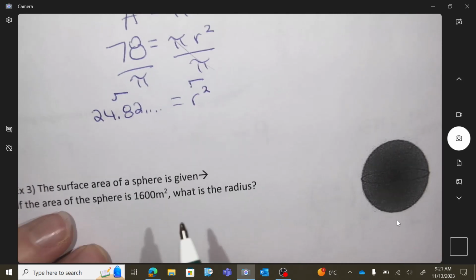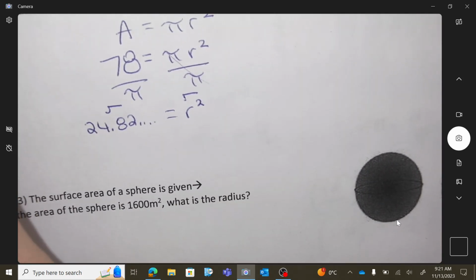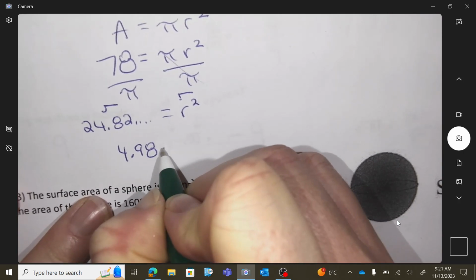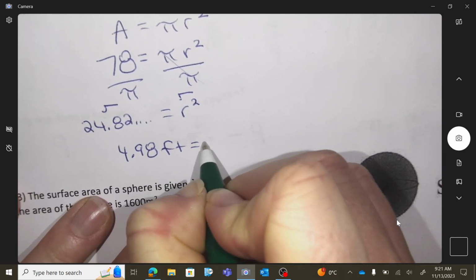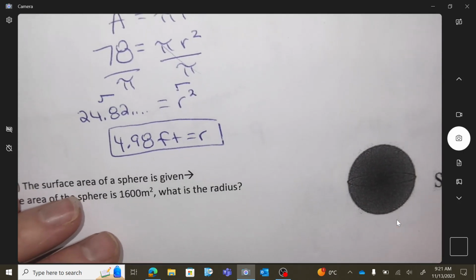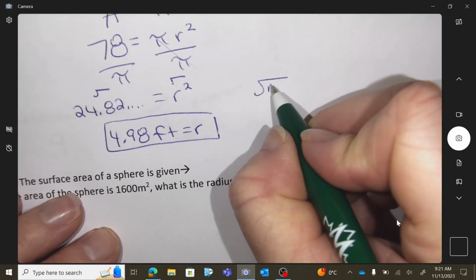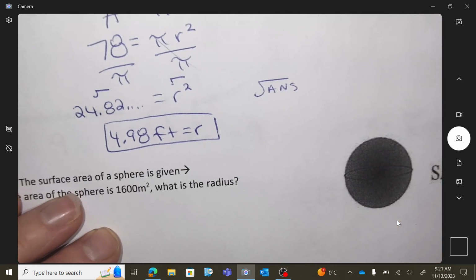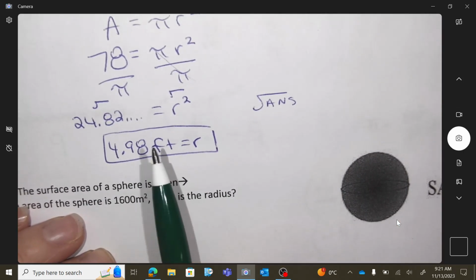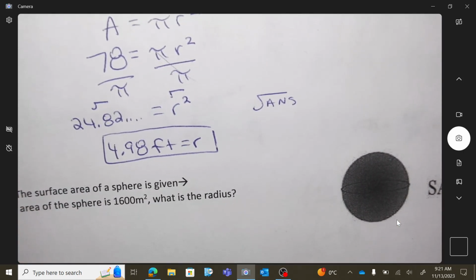Square root. And again, I'm pushing the square root of, and I'm using the answer button. Okay, this time I have a foot for measurement. Feet are in the units there.